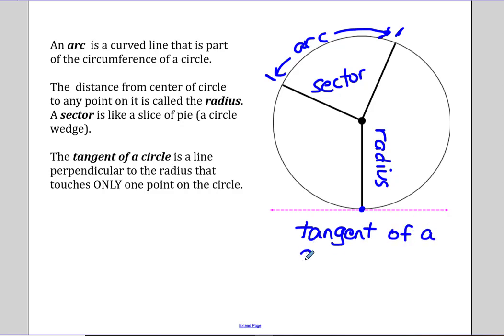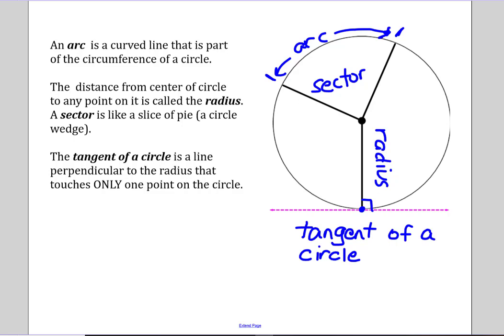But when it comes to a function in calculus, you'll find out that you can have a tangent at one point, but the tangent line can run through the function in another location. But you'll find out about that in calculus. The tangent to the circle is going to be 90 degrees to the radius. The pink line is the tangent line.